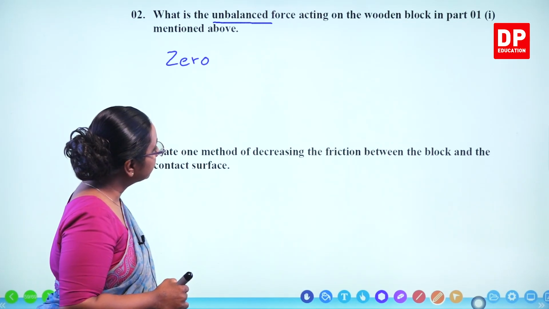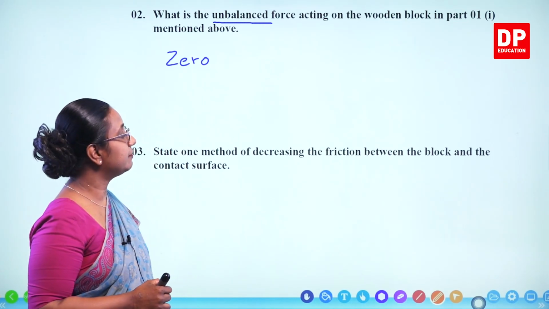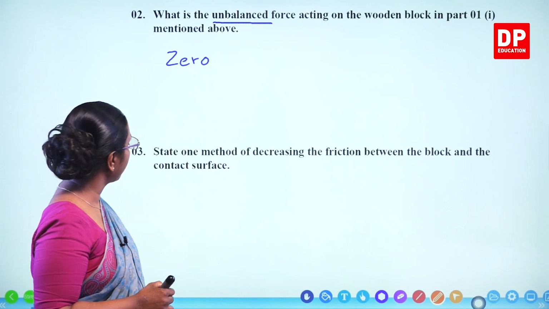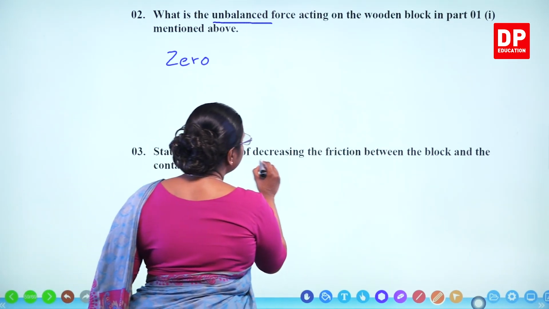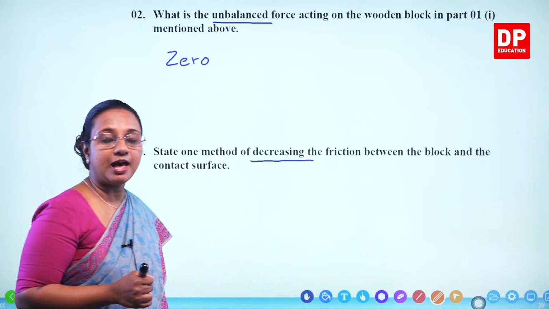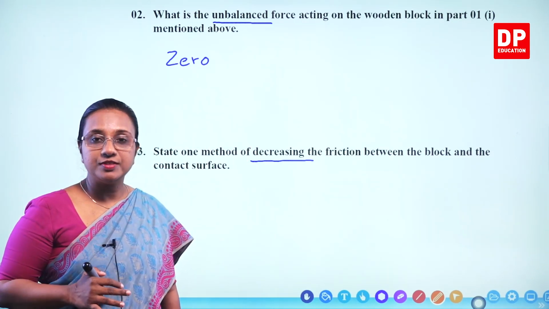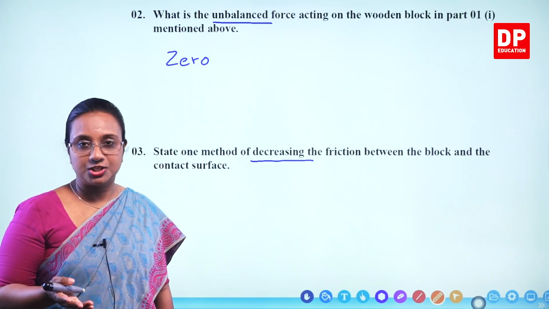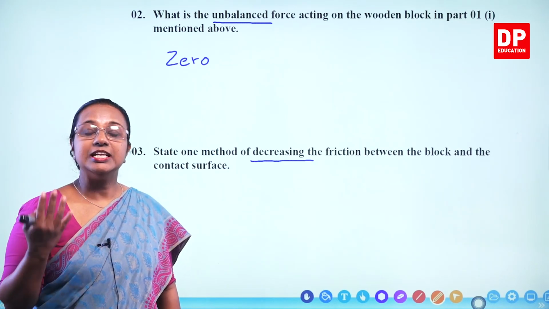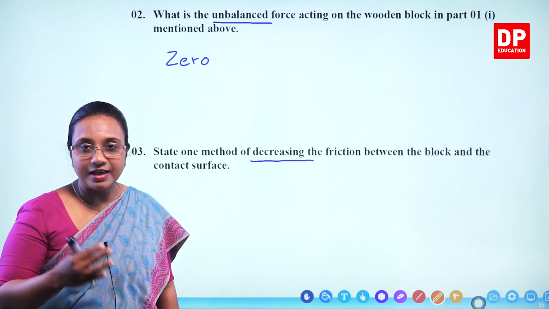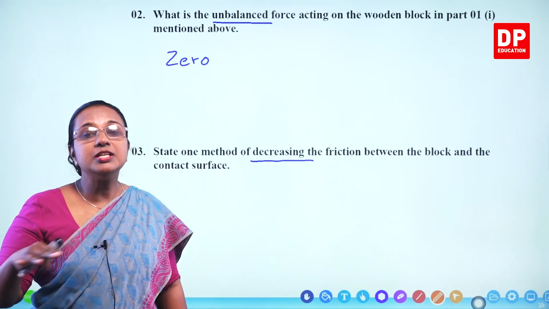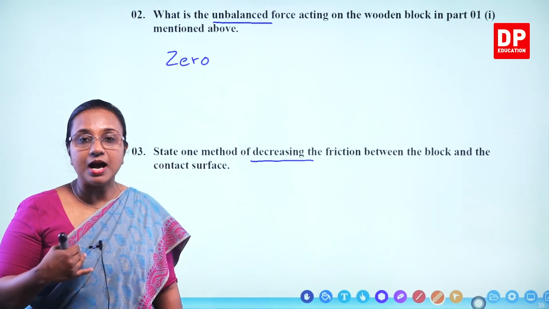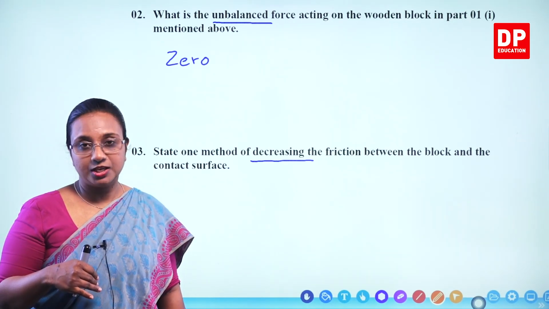State one method of decreasing the friction between the block and the contact surface. To decrease the friction, we will have to change one of the factors that affect friction. You all know the nature of the surface affects the limiting friction, and when we smoothen the surface, there is less friction.